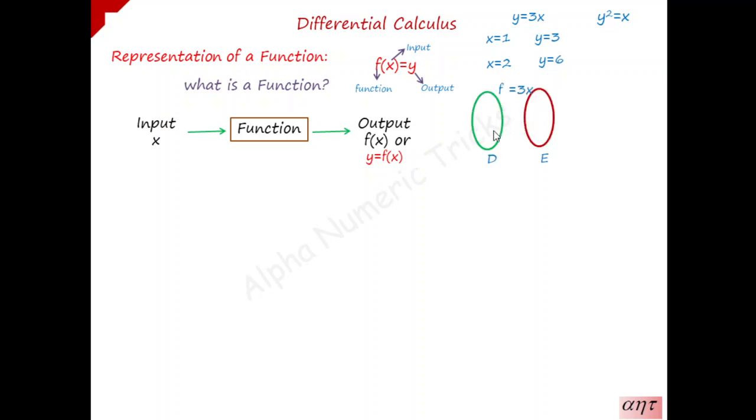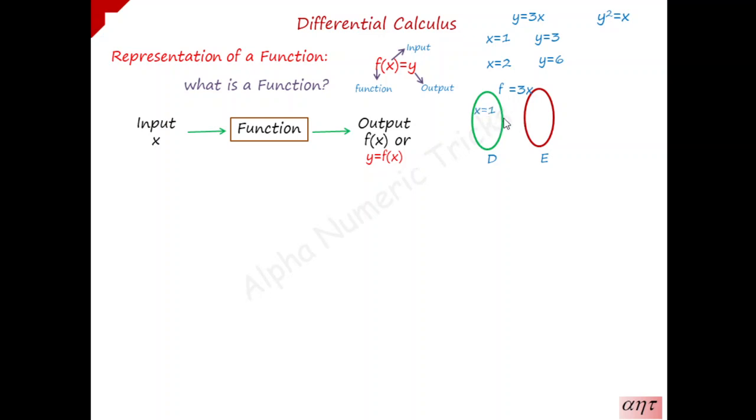Suppose we plot this in a mapping. Consider the sets D and E. Here the rule or operation for f is 3x. Depending upon this 3x only, your input gives the output.